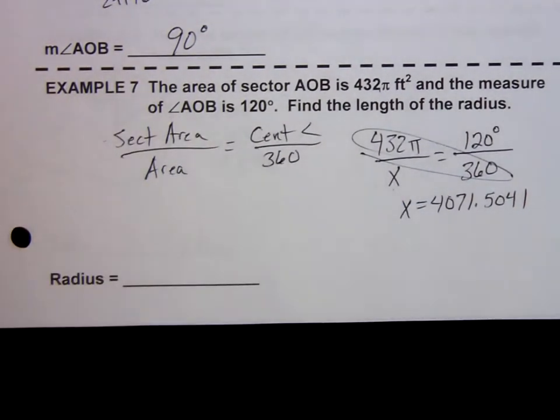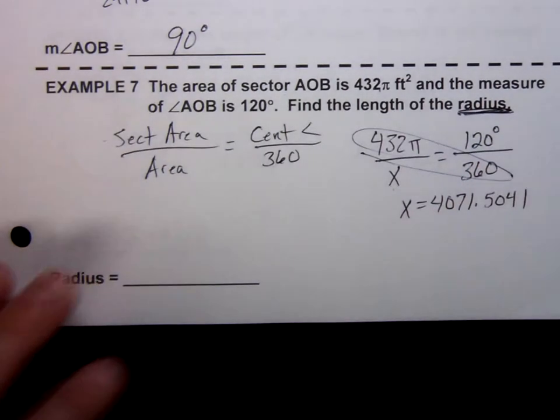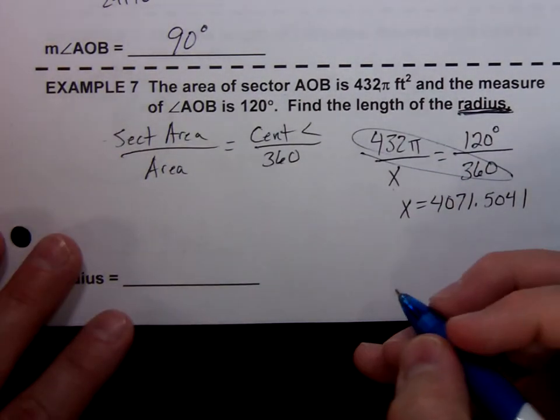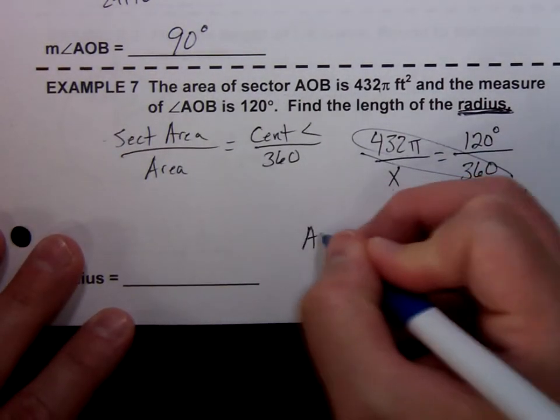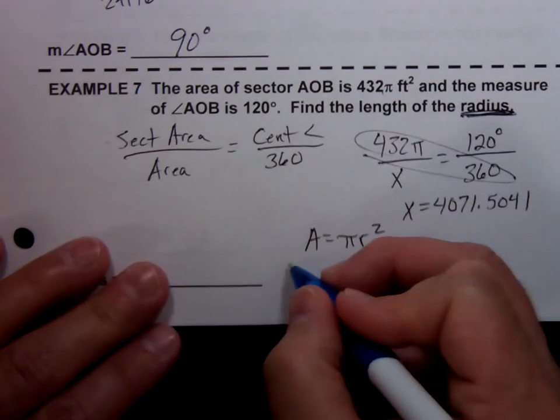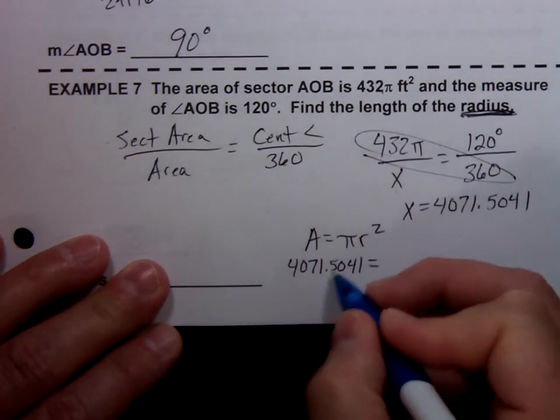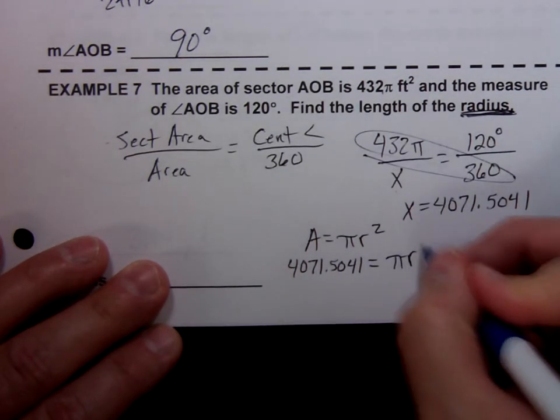It's representing area. What we found is the area of a circle. We didn't find the radius, which is what they asked us for. So let's think about the formula for area of a circle. Area is equal to pi r squared. What we found was the area. So that number is equal to pi r squared.